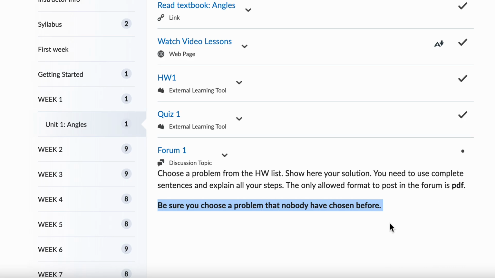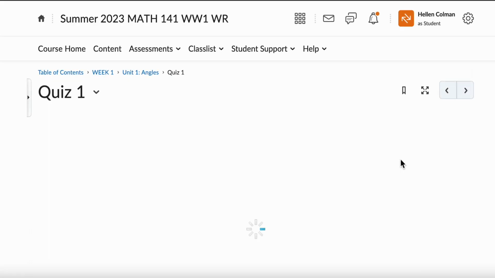And once you choose your problem, you write down the solution, all the steps with all the explanations. It shouldn't be just formulas, but formulas and also words, sentences where you explain how you solved the problem.